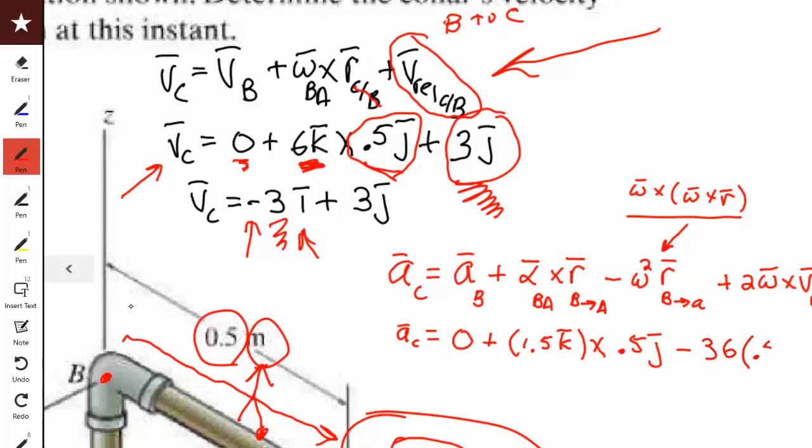I'm just going to copy it down, 0.5 j. If you're neat when you're doing these problems, you can just kind of look back and not really have to think about it too much. Plus omega. Omega is equal to 6k cross v rel. The v rel was right here. Right, so it's cross 3j.